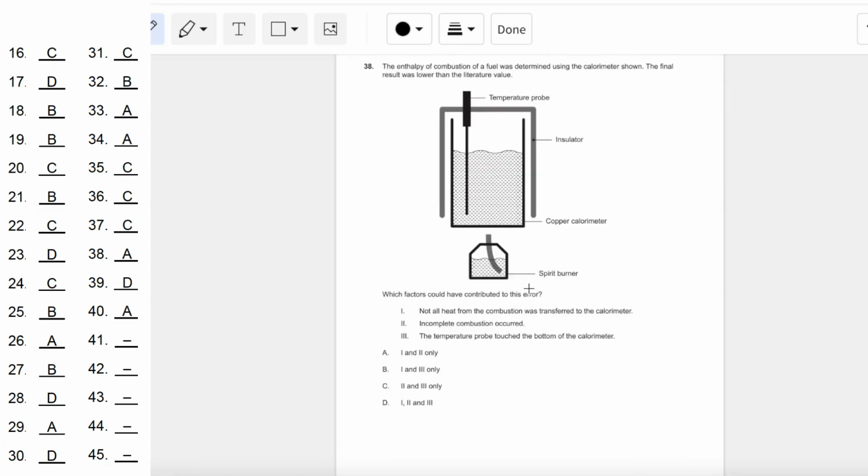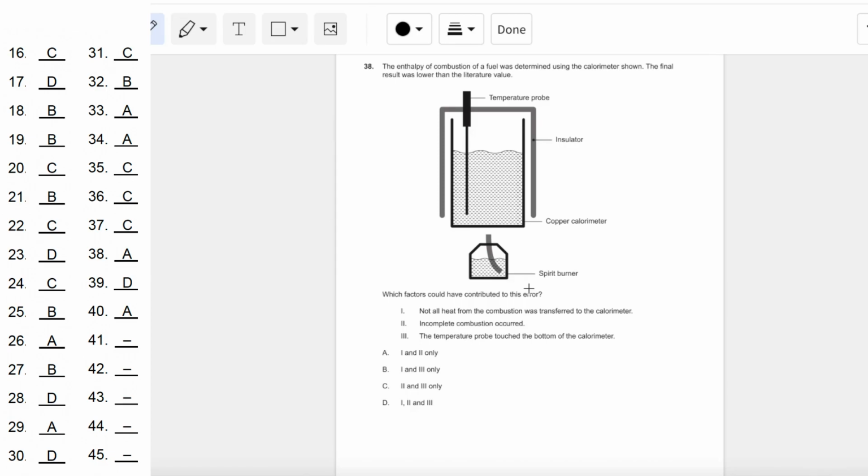For number 38, the enthalpy of combustion of a fuel was determined using the calorimeter shown. The final result was lower than the literature value. Which factors could have contributed to this error? Not all heat from the combustion was transferred to the calorimeter. Of course, heat loss to the surroundings always happens.